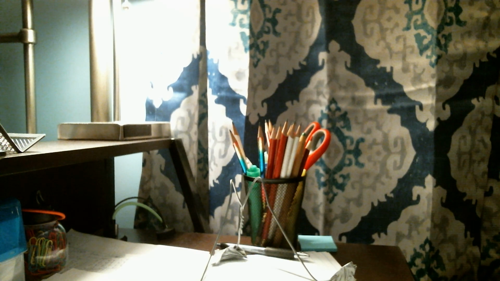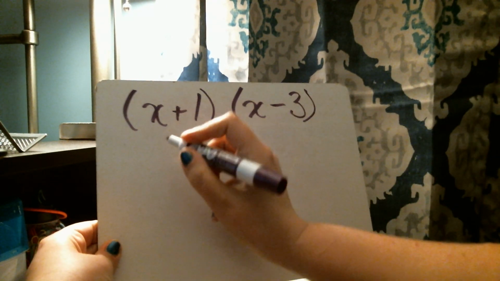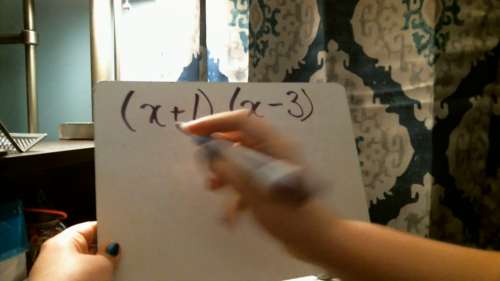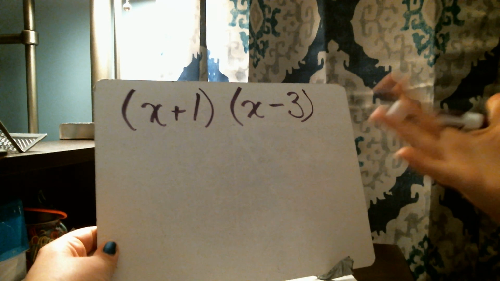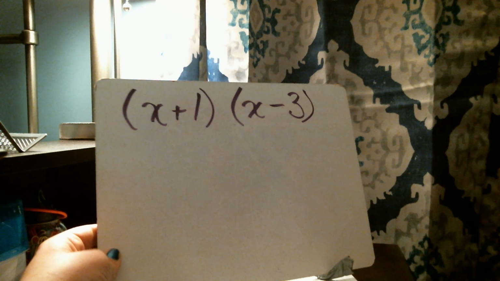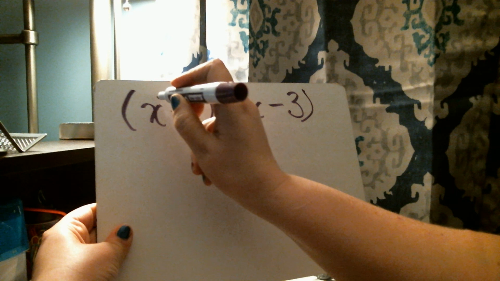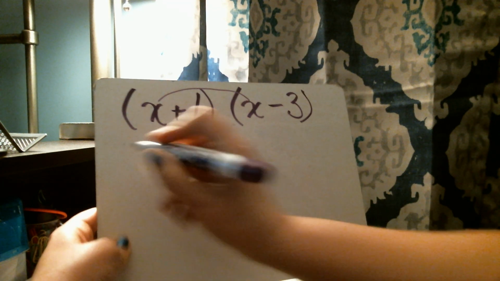So let me get my board up. Okay, here we go. So we've got this one. We'll start with the FOIL method because that's the one that people typically and traditionally know. If you Google or YouTube FOIL method, you'll see a bajillion resources and videos. So first is first.